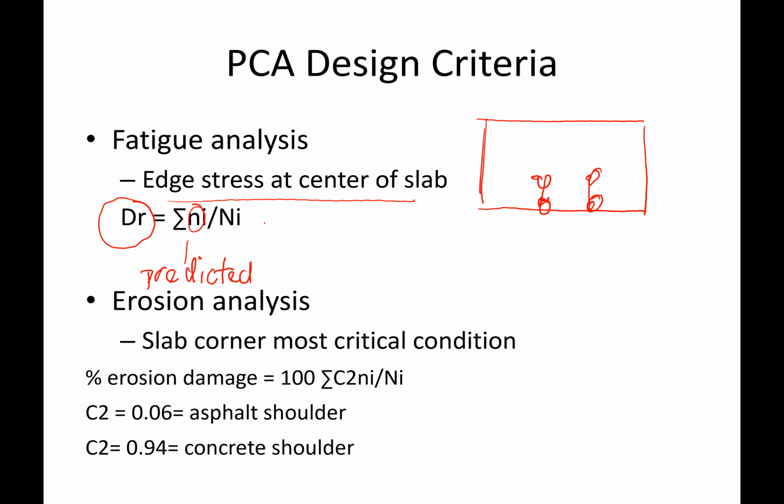Predicted, and the big Ni here is the allowable number of load repetitions. So the damage ratio, between predicted divided by allowable, needs to be less than 1. It has to be less than 1. It cannot be more than 1. Need to be less than 1.